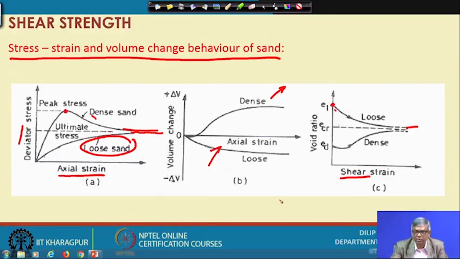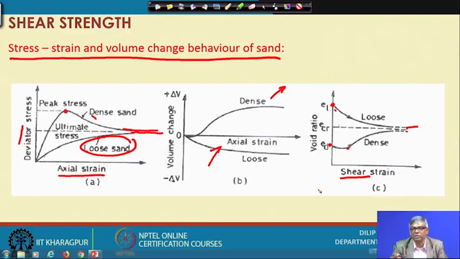Similarly, dense sand will have a very low value of void ratio, since dense sand means fewer voids. At the initial portion of the shearing, a volume decrease happens, because of which the void ratio also decreases up to some point.